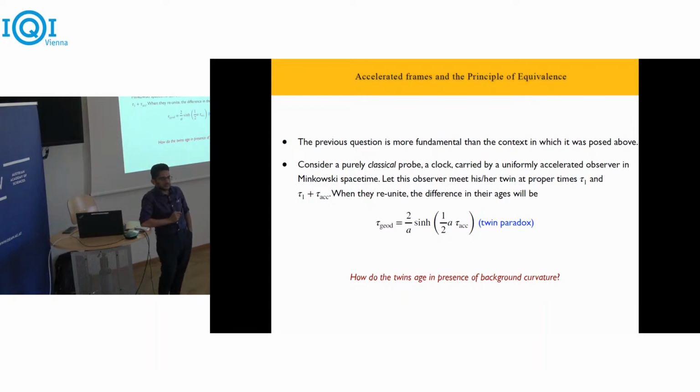Even this relation gets affected by the presence of background curvature. So, I am going to revisit this elementary fact as well, and the same difference which curvature causes to this result will also affect the response of the Unruh-DeWitt detector. The connection is purely mathematical, but not very unexpected, as I will show.